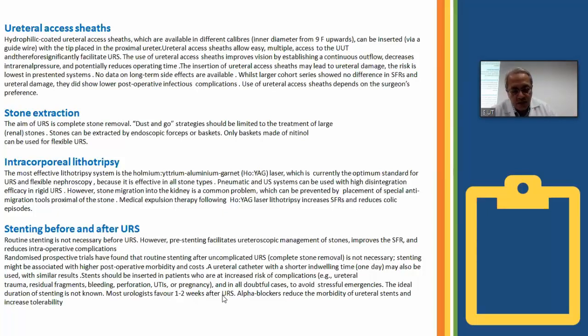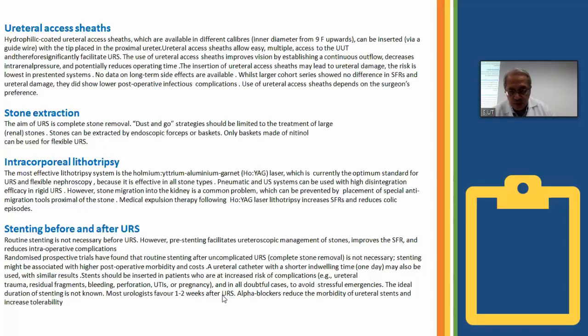Now this same Seldinger technique is used whenever we want to access something from down up, meaning from the urethra into the bladder, into the ureteric orifice, and then into the ureter and up into the kidney pelvic system. So this guide wire has got a very big role to play in modern day urology and particularly in endourology.